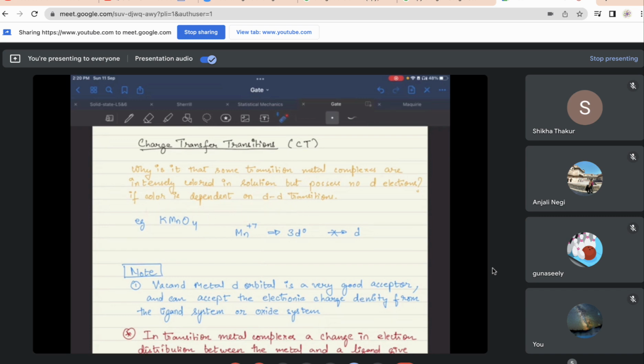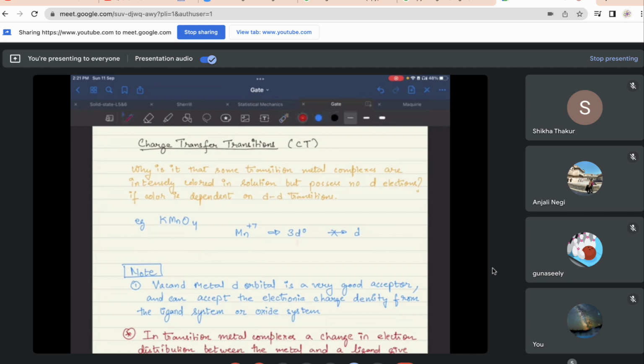So if there is no electron in the d orbital of the metal, then what is the reason for the intense color for a metal complex? For example, KMnO4, where manganese has an oxidation state of +7 and the electronic configuration of 3d0, so there is no electron in the d orbital.